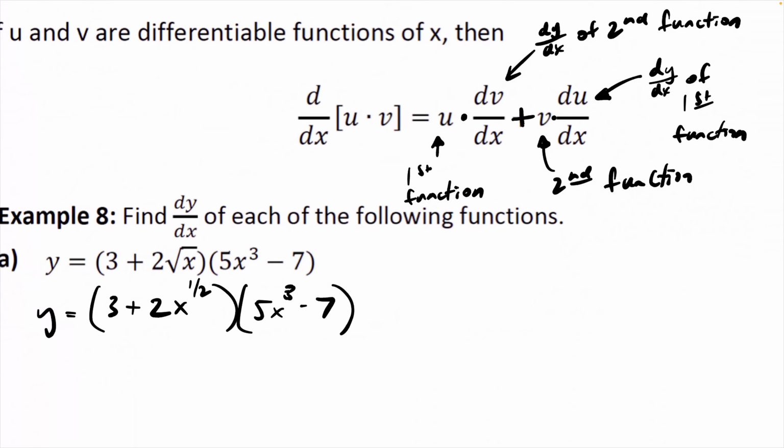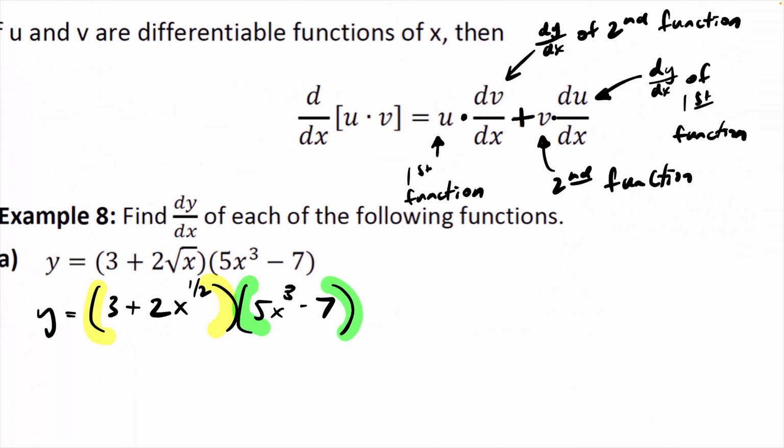Can you do FOIL like we did last time? Yeah, you could do it that way. That works. Nothing wrong with that. But I'm going to show you how to use the product rule. Yellow is the first function, green is the second function. The rule says rewrite the first function.